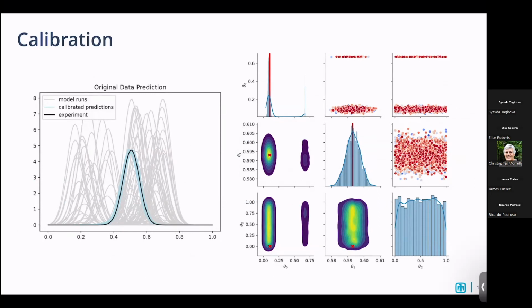On the right, here's the pair plot for theta 0, theta 1, and theta 2. The true value for theta 0 was 0.15. Then the true value for theta 1 was 0.595. Those are shown by the red X's on the pair plot. The red lines are showing the true value around the posteriors.